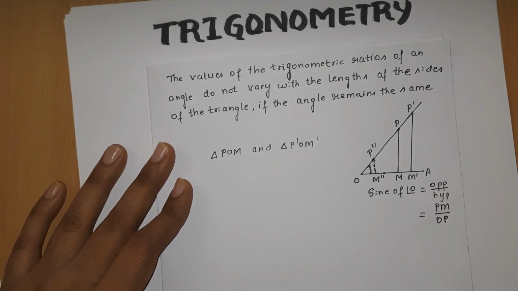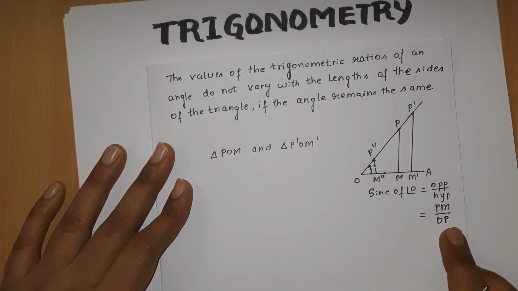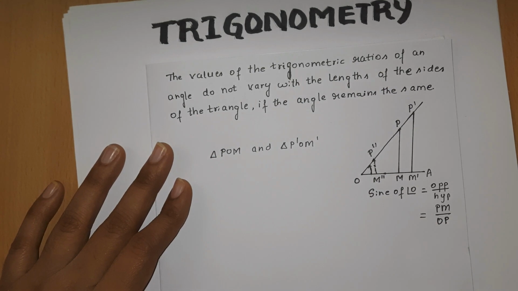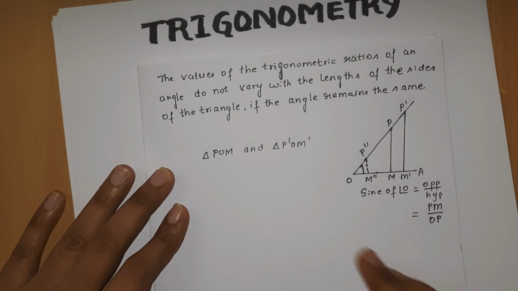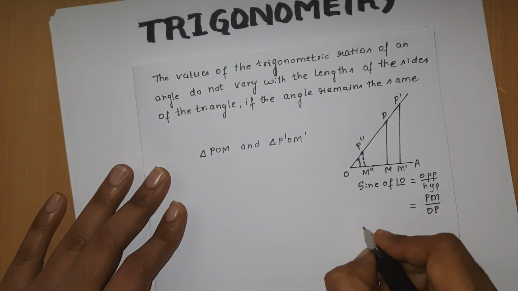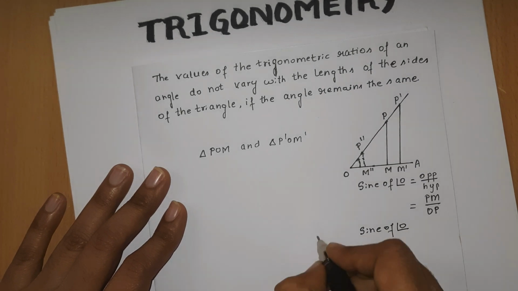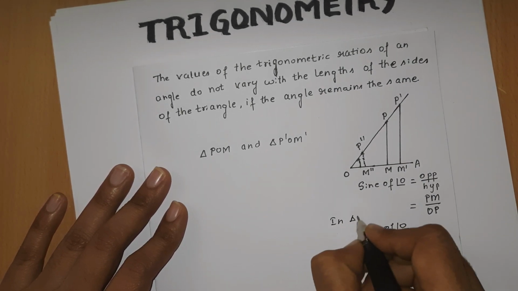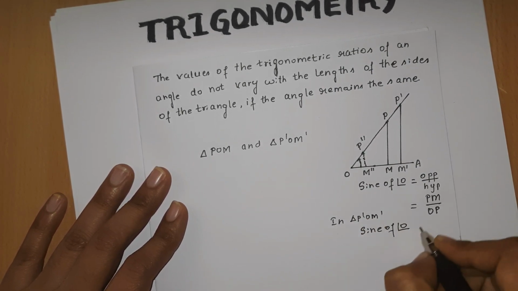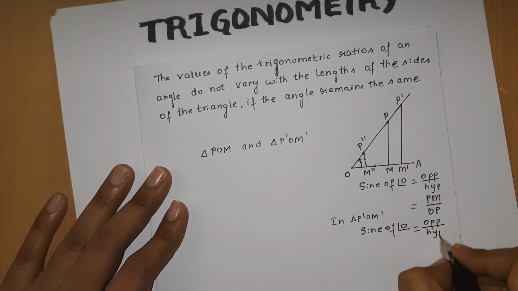Clear? So now I am just comparing two ratios here. Similarly, consider triangle P dash OM dash. Sine of angle O in triangle P dash OM dash is given by opposite side by hypotenuse.